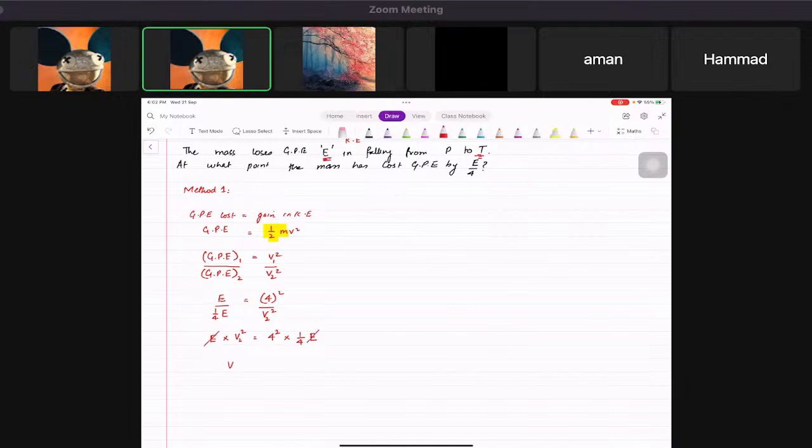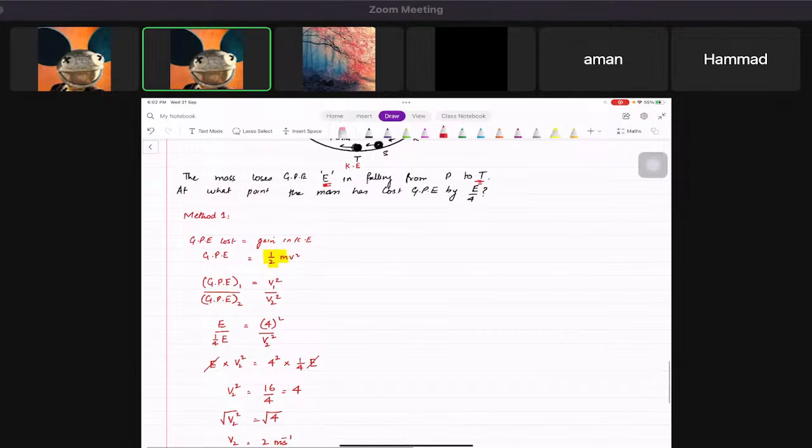So V2 square will be 4 square, which is 16, divided by 4. So 16 divided by 4 is 4. Now V2 square under root, and 4 under root will be equal to just 2 meters per second, and that's at R, as you can see in the drawing. Okay? Do you understand?